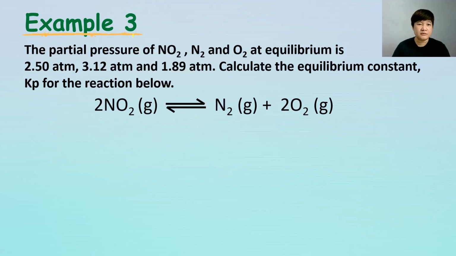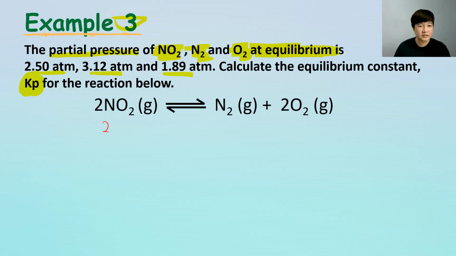Another example. Example 3 over here, we will look at partial pressure. So partial pressure means the question should be asking for Kp. Look at it. So we are looking for Kp over here. The partial pressures of NO2, N2, and O2 at equilibrium are this much. So everything is at equilibrium right now. Put in the value given.